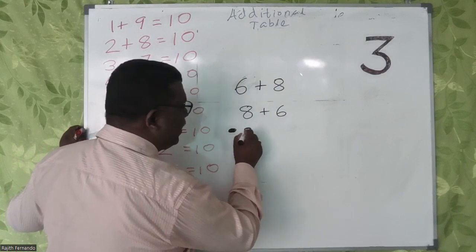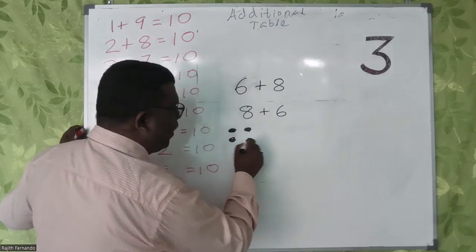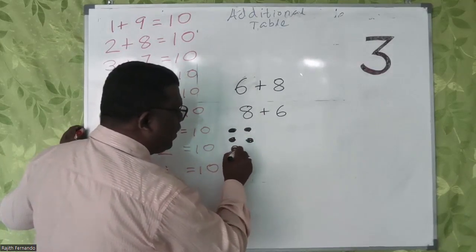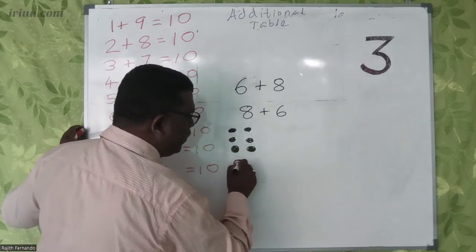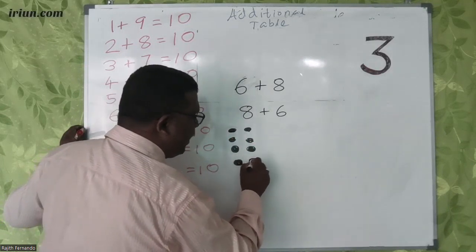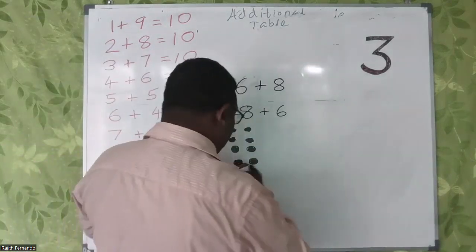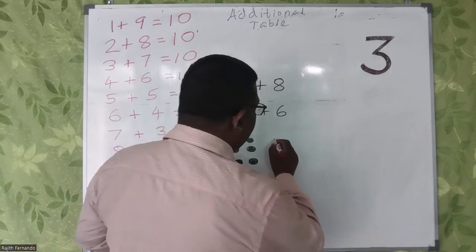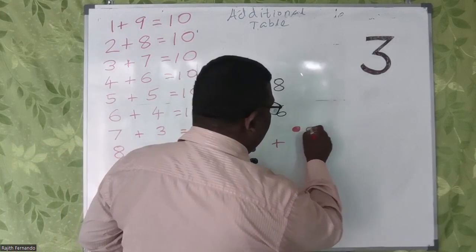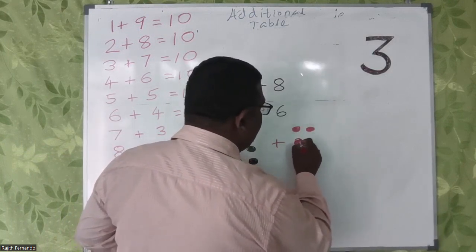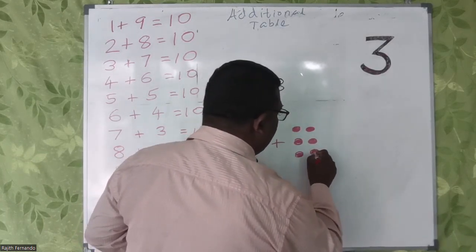I am always taking the example of apples. 1, 2, 3, 4, 5, 6, 7, 8, and I am asking you to add 6. 1, 2, 3, 4, 5, 6. Okay.